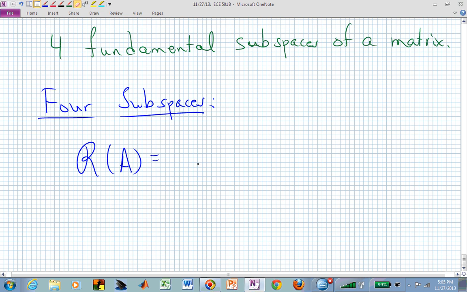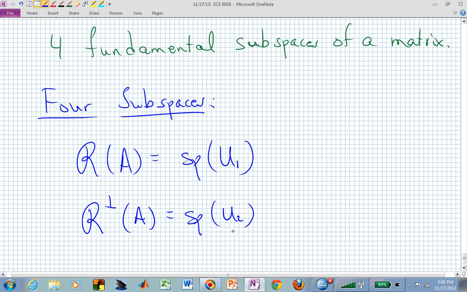But this is now on the output side, and that's the U in the decomposition of the matrix A. If I said I actually want to know what's orthogonal to the range space of A, anything in the span of U sub 2, if I computed the inner product of that with the range space of A, I better get 0, because they're orthogonal.